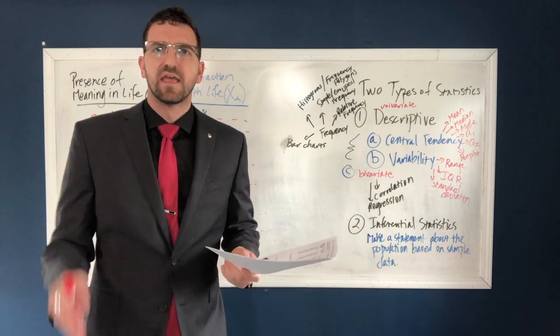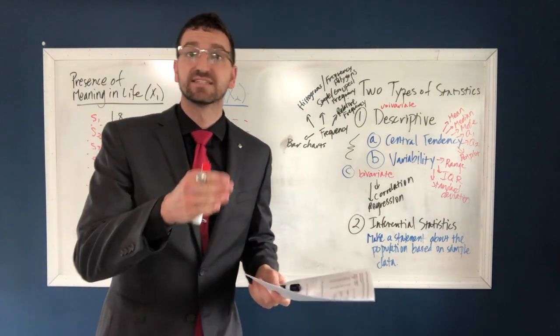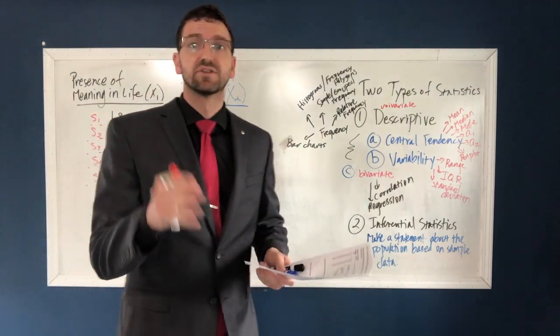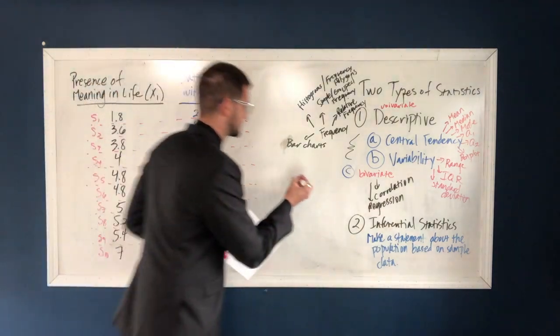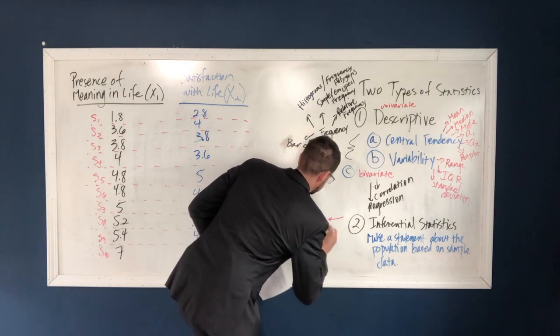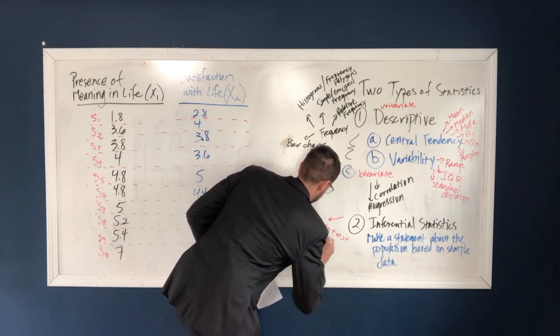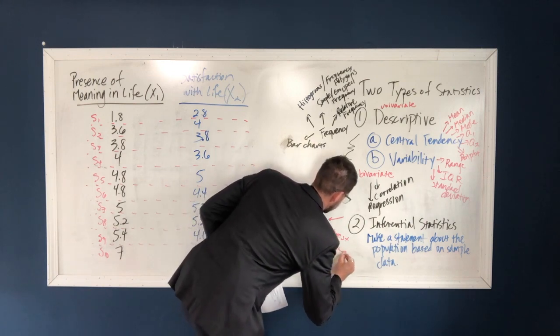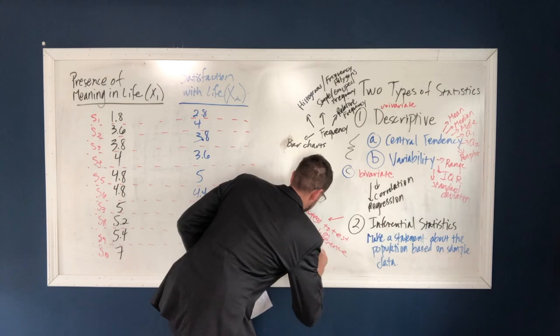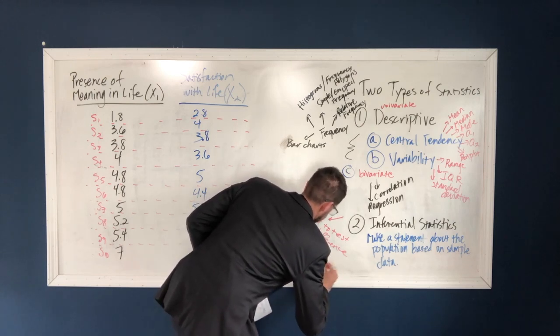So basically, there are different inferential statistics for different types of data. For example, today we're going to do the t-test to test the difference between rho and 0.